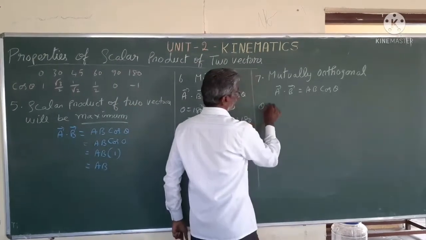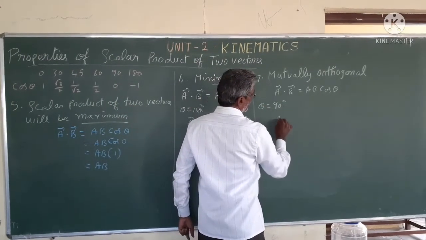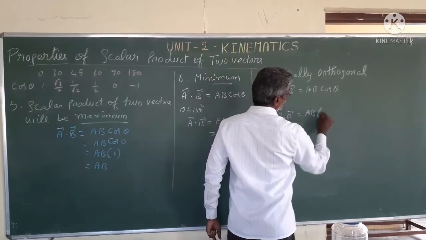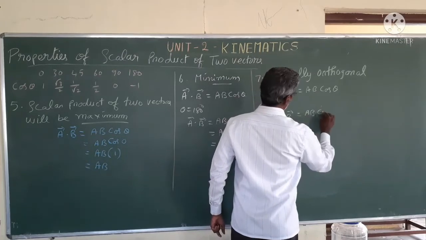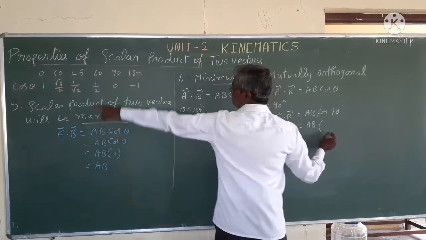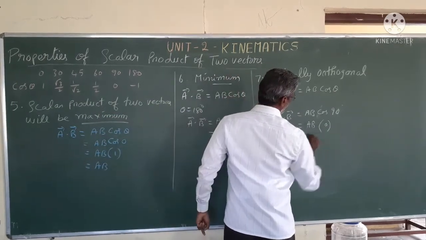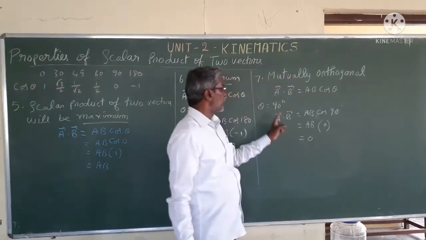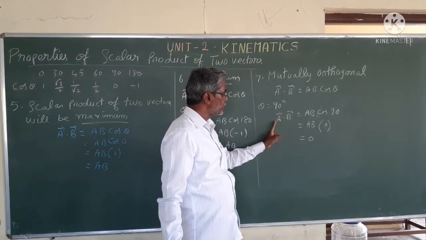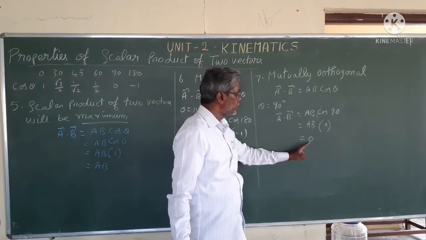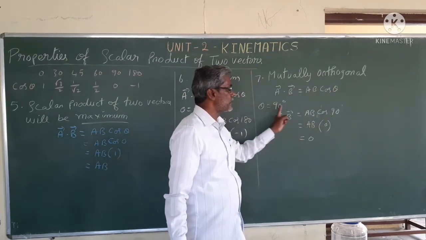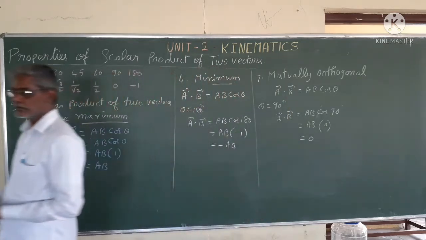So when theta is equal to 90 degrees, A vector dot B vector is equal to AB cos 90. So AB cos 90 is 0. Therefore the dot product of these two vectors will be 0, mutually orthogonal, when theta is equal to 90 degrees.